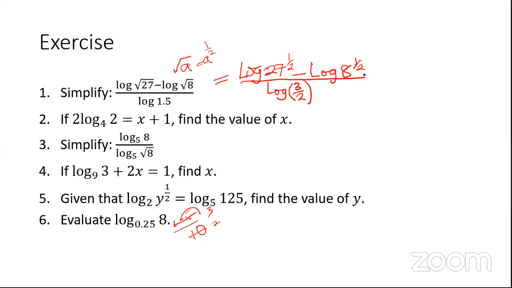Then from there, the 27 is the same thing as 3 raised to power 3.